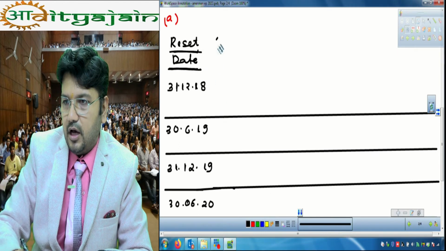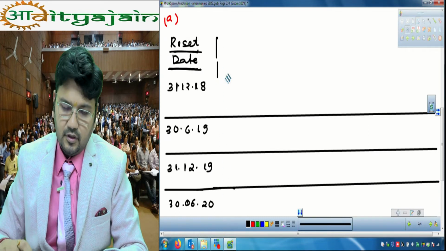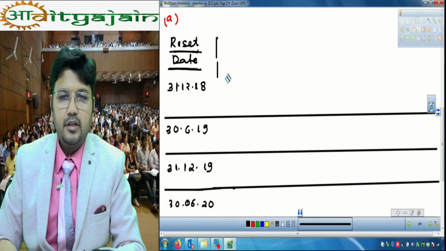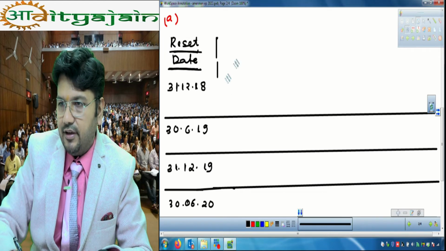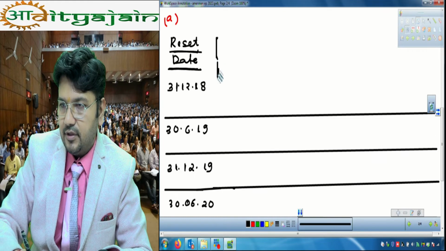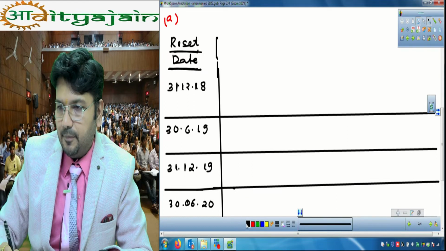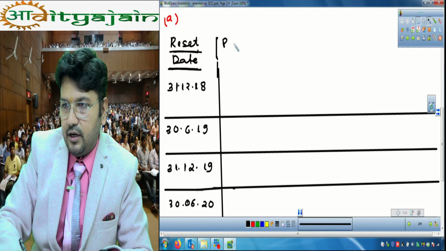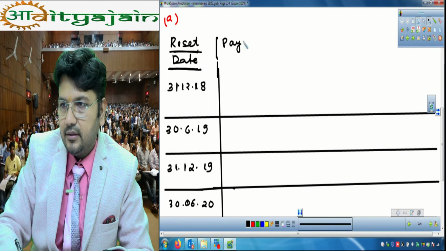Fine. Now we will write payment date. Payment dates will be definitely approximately 6 months away from this date. First we determine the rate and then we pay. Whenever you take loan, you know what you are going to pay next 6 months.